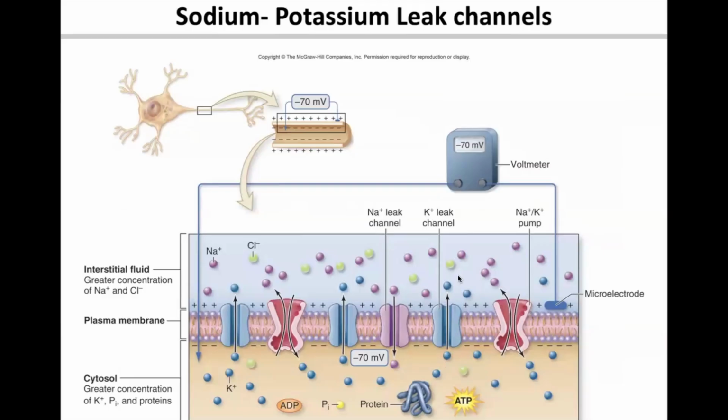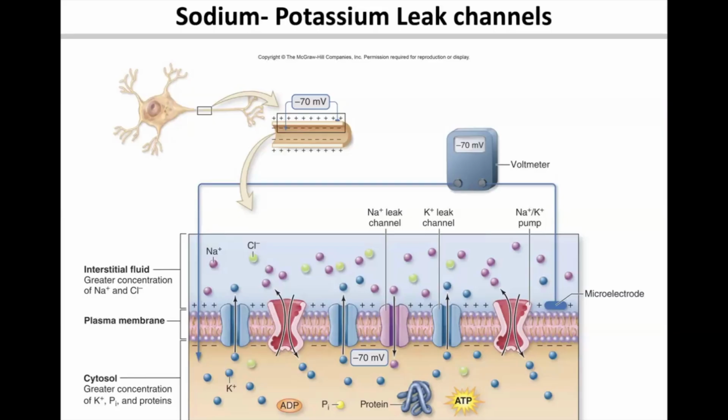As a result, since more potassium ions, which are positive, have gone outside, this creates a further negative transmembrane potential, which is nothing but -70 millivolt, the resting membrane potential. So the resting membrane potential of a neuron is -70 millivolt.